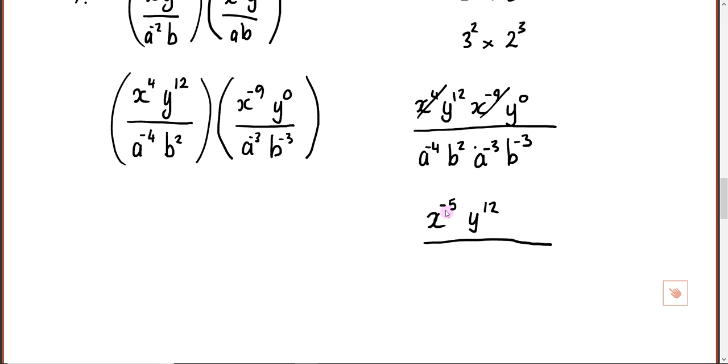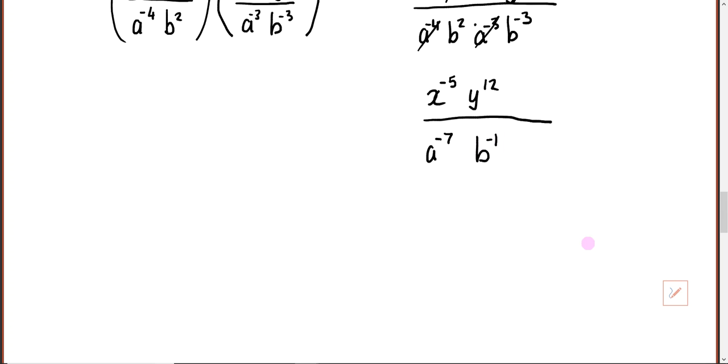On the bottom, -4 add -3, dealt with. 2 add -3, -1. Okay, so I've dealt with it like that.